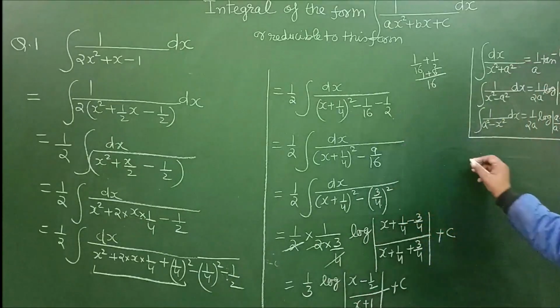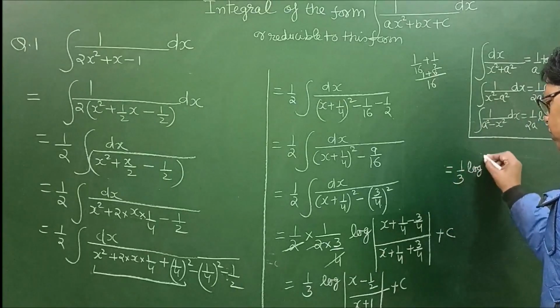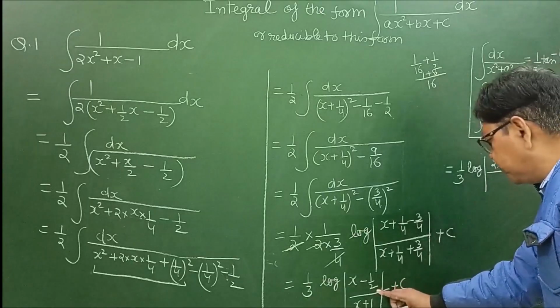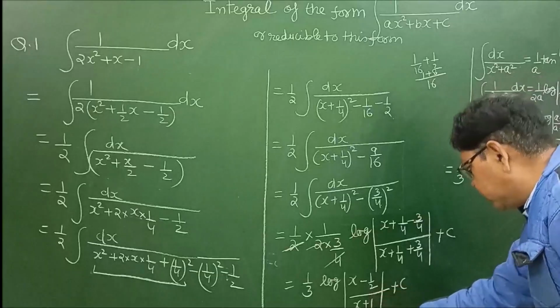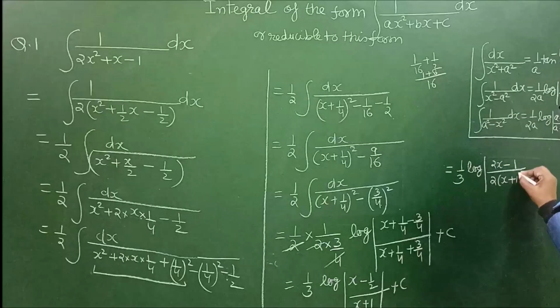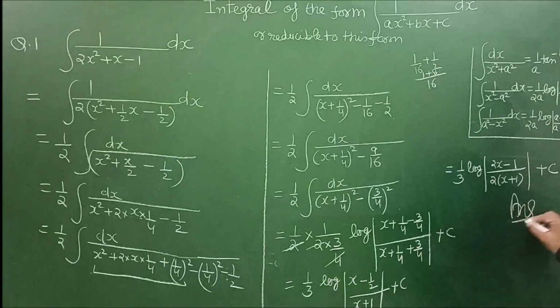So this is equal to 1 upon 3 log mod 2x minus 1 upon, if we take the LCM as 2, then this will come in the denominator, 2 into x plus 1, plus c. So this is the final answer of this question.